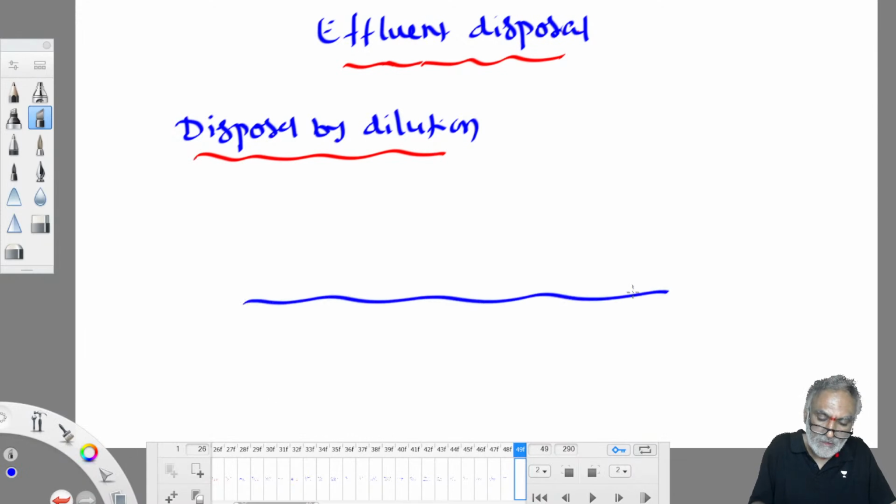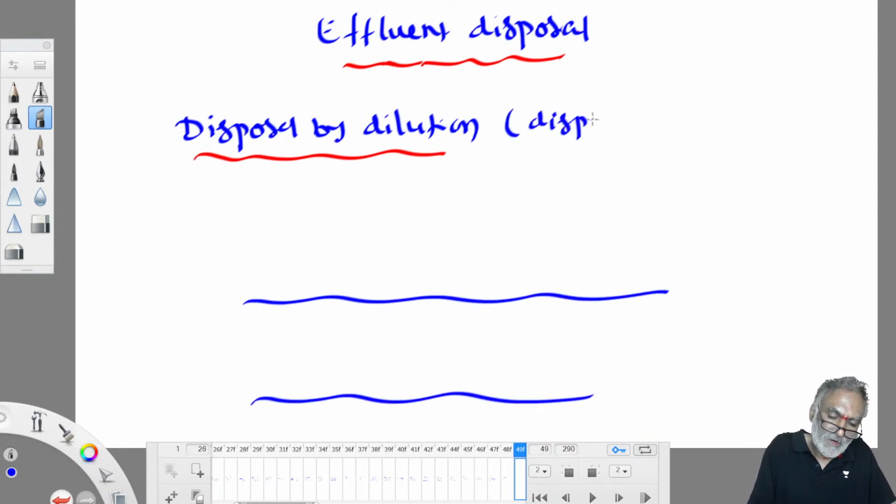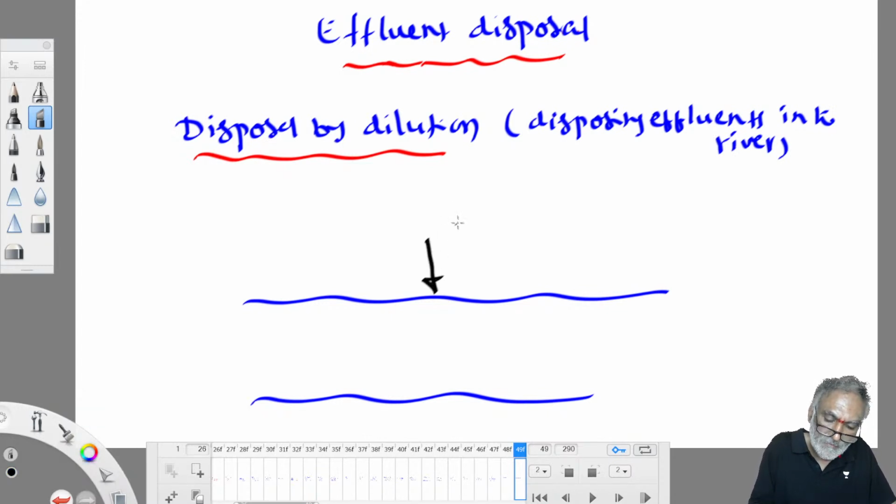This is a river. Disposal by dilution means what? Disposing effluent into a water course. Disposing effluents means treated waste into a river. So this is wastewater. Effluent means wastewater only.